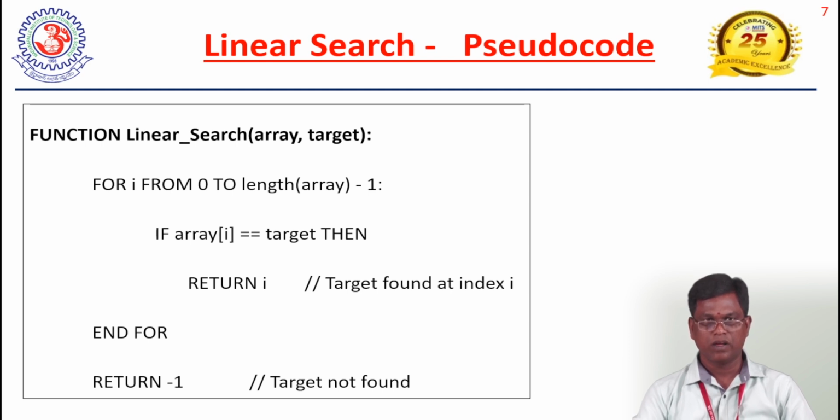Otherwise, if all the elements are searched and the target element was not found, then it will return minus 1. So if you get an index from this function, the index represents the location of the element. If this function returns minus 1, it refers to an unsuccessful search, and the element was not found in that list.